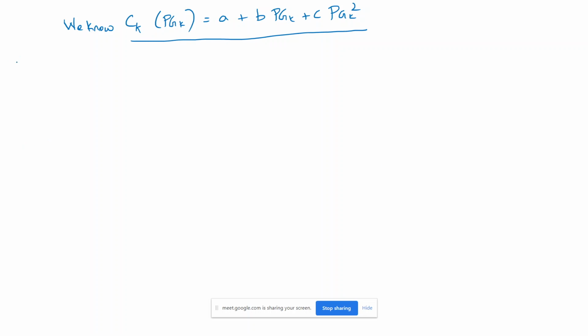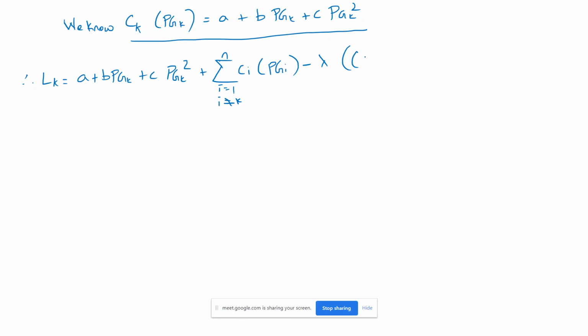Therefore Lk is equal to A plus B Pgk plus C Pgk squared, and the rest of the terms are the same, plus the summation for i equal to 1 to n, with i not equal to k, of Ci Pgi, minus lambda times Pgk plus the summation for i equal to 1 to n, with i not equal to k, of Pgi minus Pd.